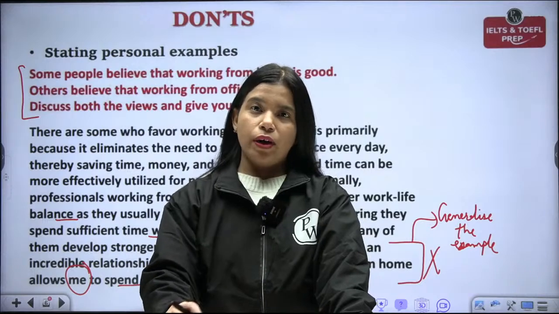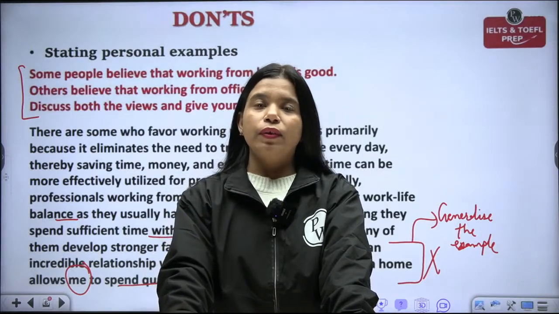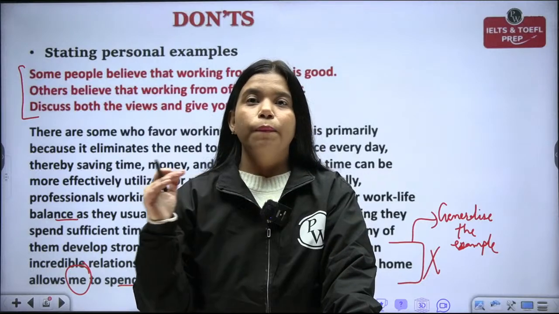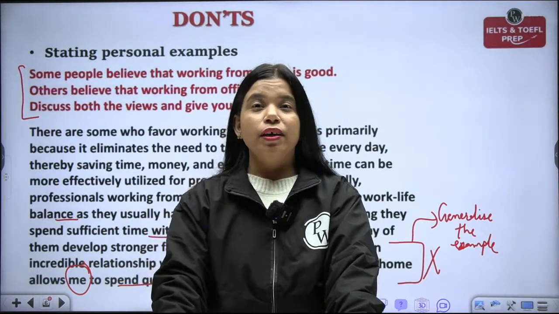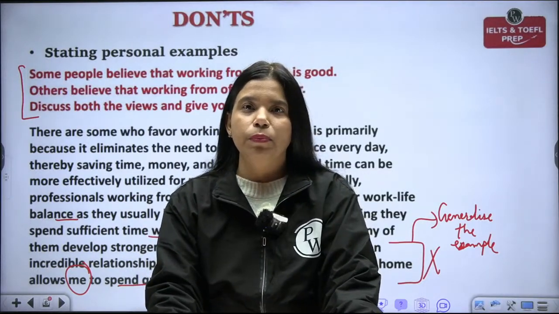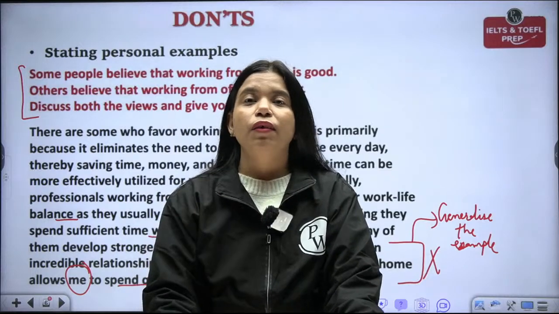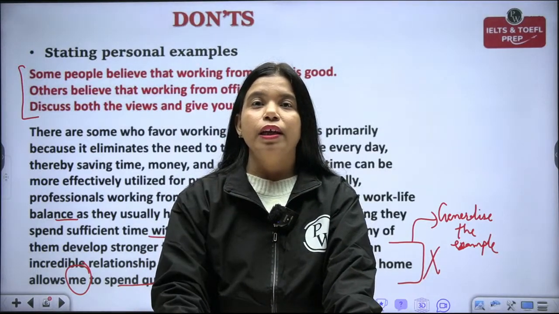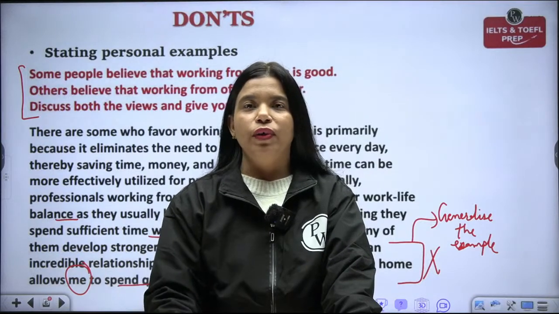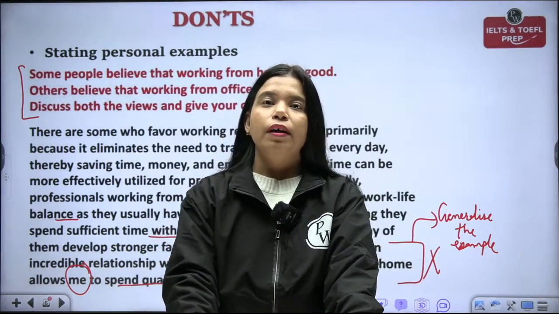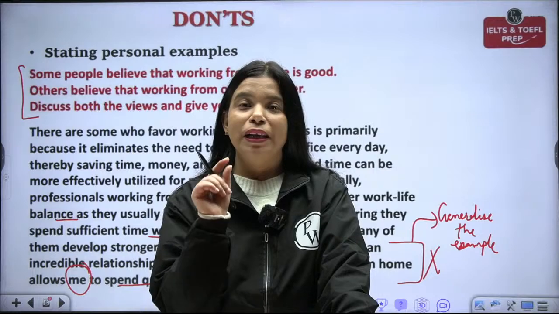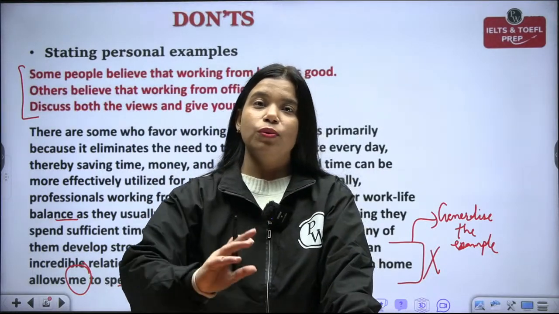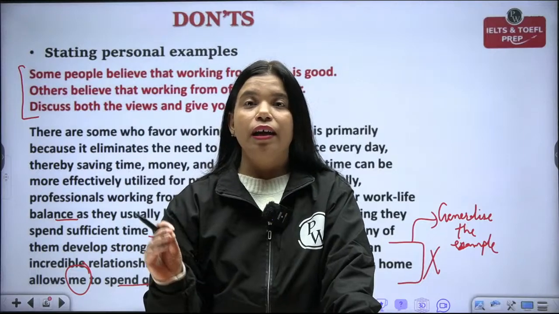We will say, for instance, it is generally seen that many working professionals share a great bond with their family members since they get to spend sufficient time with them. So मैंने I की जगह ले लिया many working professionals, as simple as that. And मैंने me की जगह कर दिया them, as they are able to share sufficient time with them.